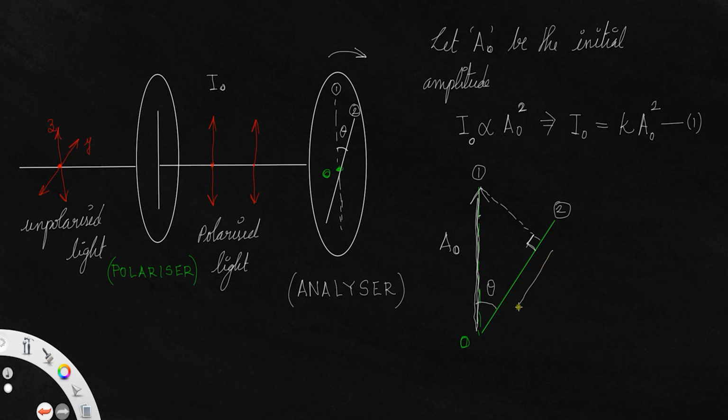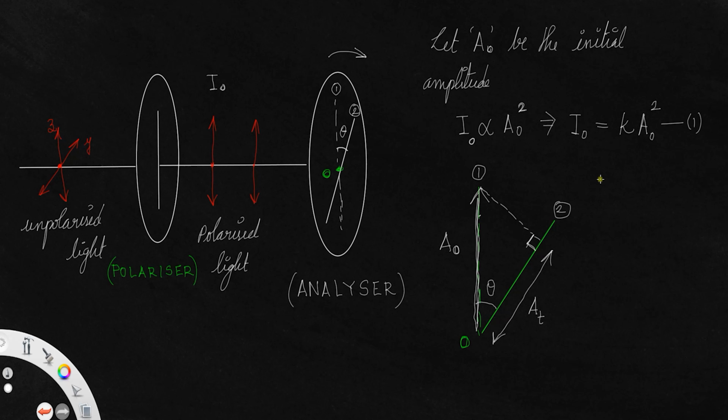And this length, let it be AT, will give the amplitude through the transmission plane. See, once again, this is the amplitude through the initial plane, and I have tilted that plane through an angle theta. So this is our new transmission plane, and AT means the amplitude through the new transmission plane.